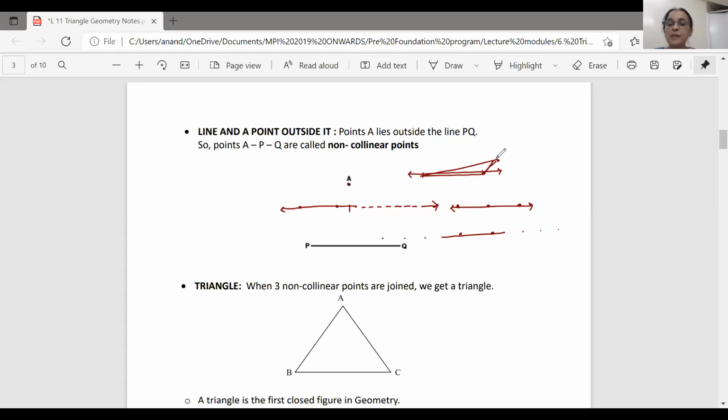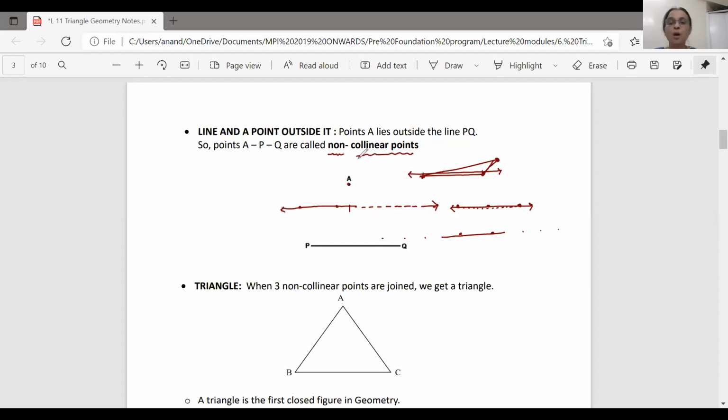Such points which do not connect to form a single line are called non-collinear points. Collinear are the points that lie on the line. So all these points which make a line will be called collinear points, points on a line.